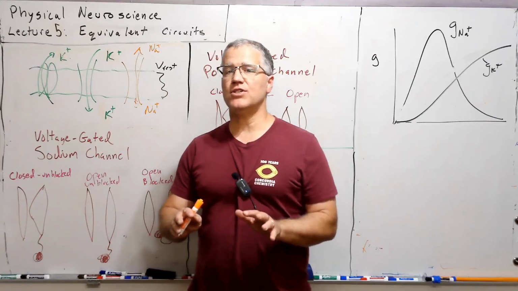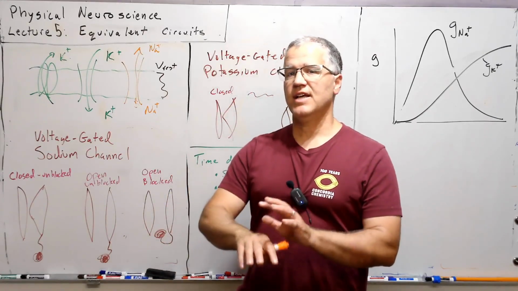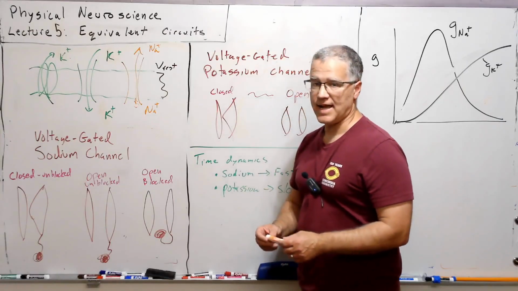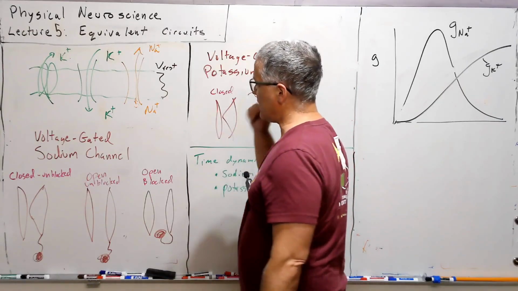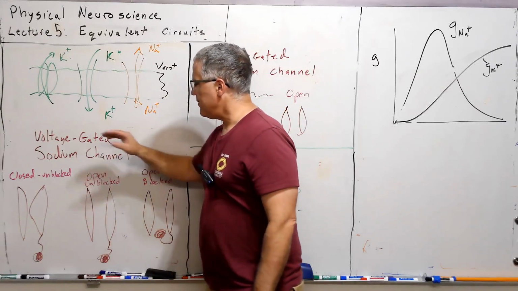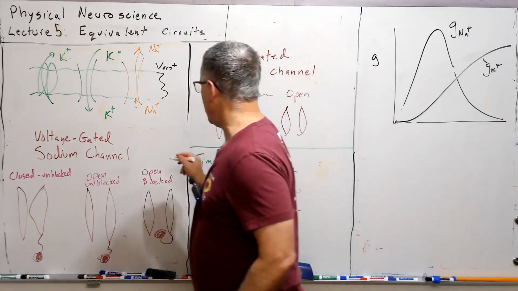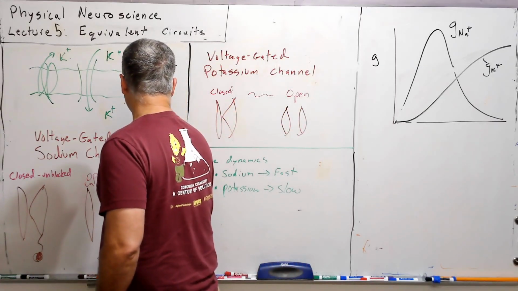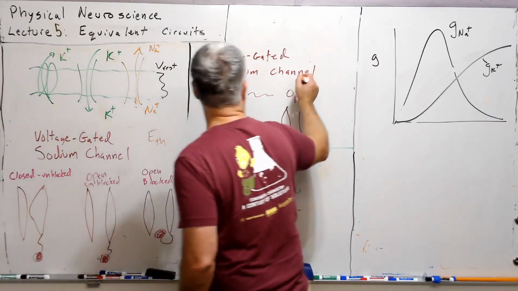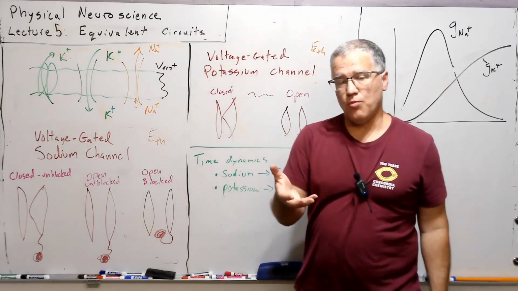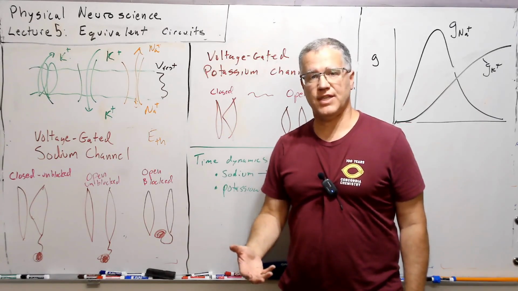But just now, in terms of our circuit dynamics, and in particular the conductance dynamics, let's consider these channels. So they're both voltage gated, and they both have some threshold voltage above which they open up and below which they close.